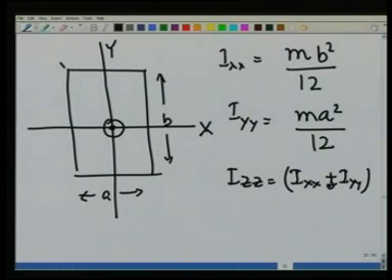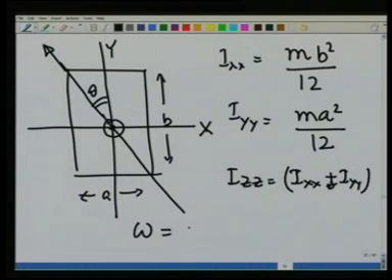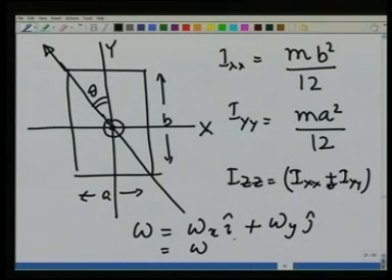This is omega. So, let me call this angle theta. Then omega has an omega x i plus omega y j, where omega x is omega sin theta in the negative x direction plus omega cosine theta in the positive y direction.